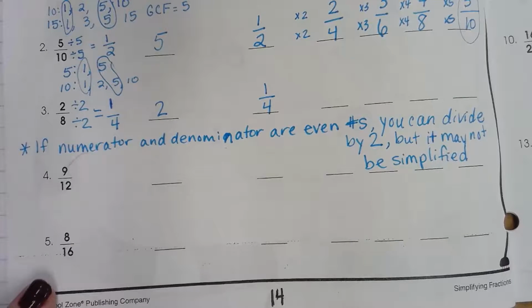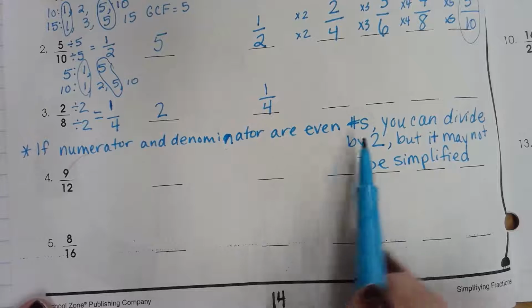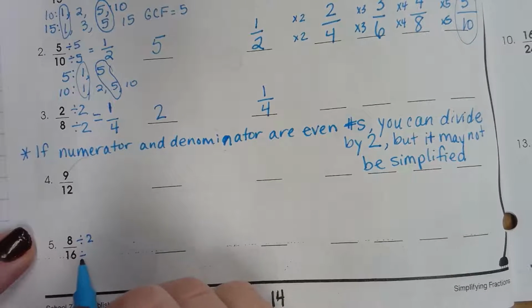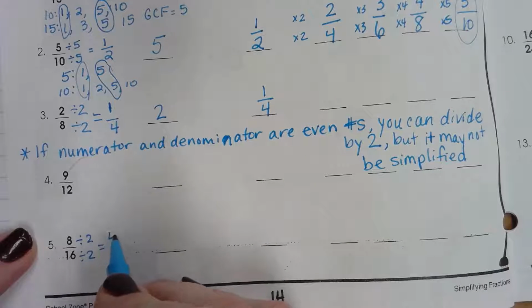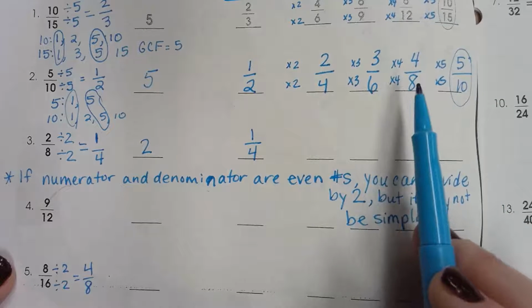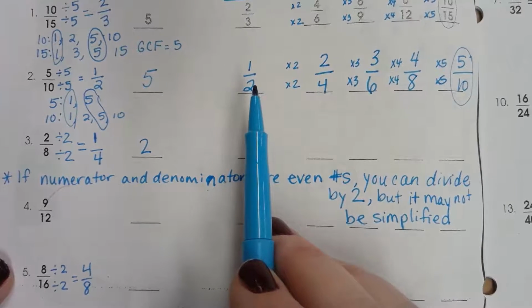But if I look down at number 5, and I take my 8 and my 16, because they're both even numbers, and divide it by 2, I get 4/8, which, looking back up here, is not a simplest form, right? Simplest form was 1/2.